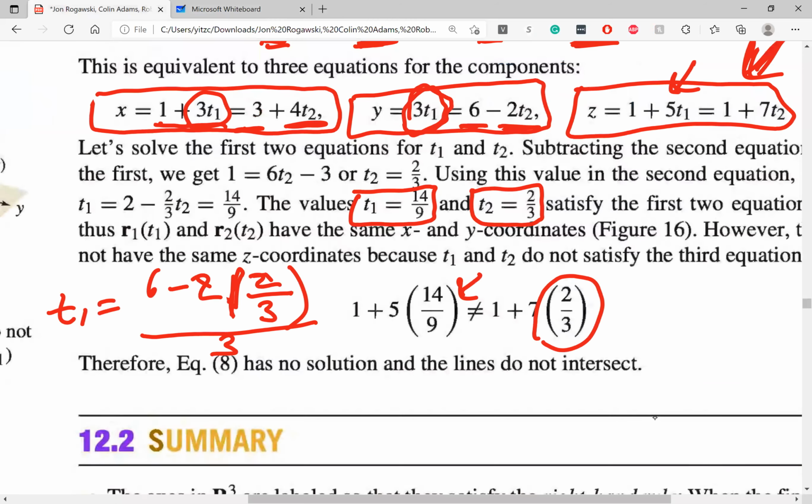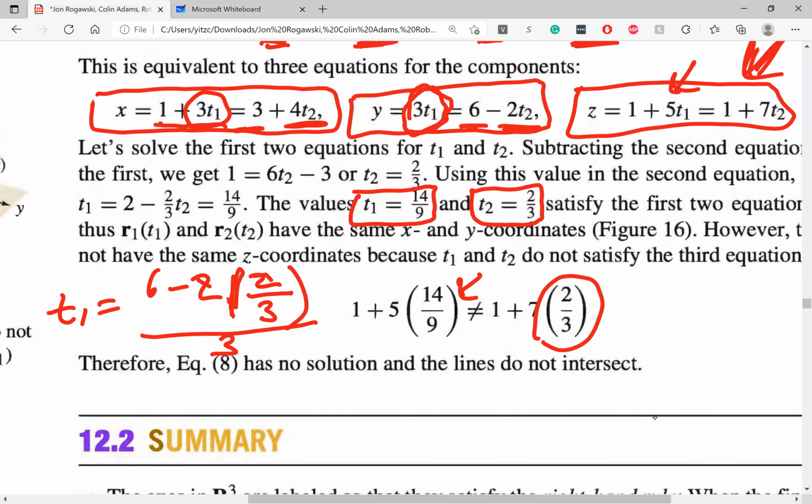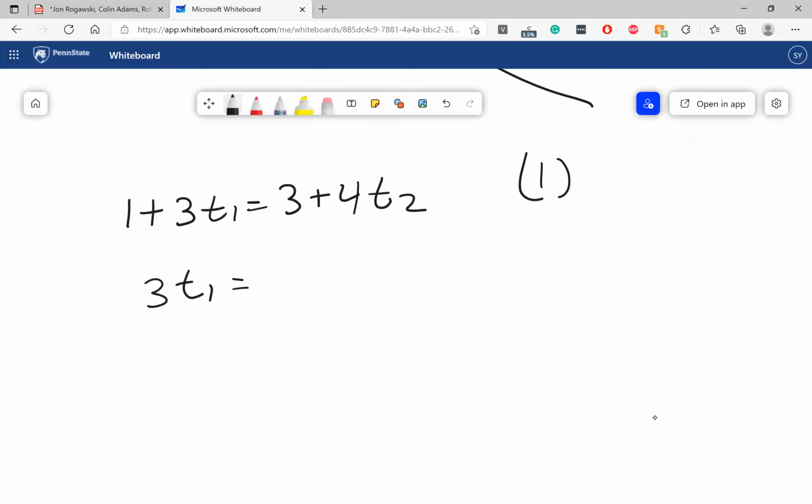The second equation gives us 3T1 is equal to 6 minus 2T2. This is the second equation. So the first step is to take the first equation and then subtract the second equation. So equation 1 minus equation 2.